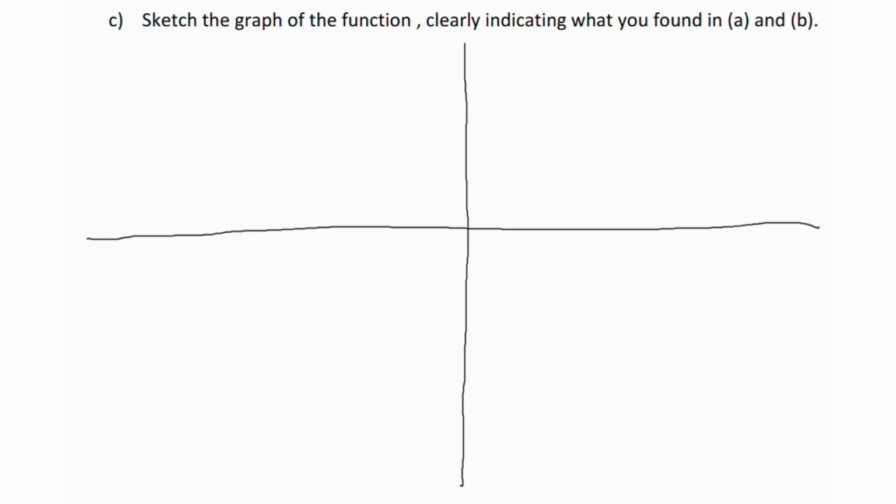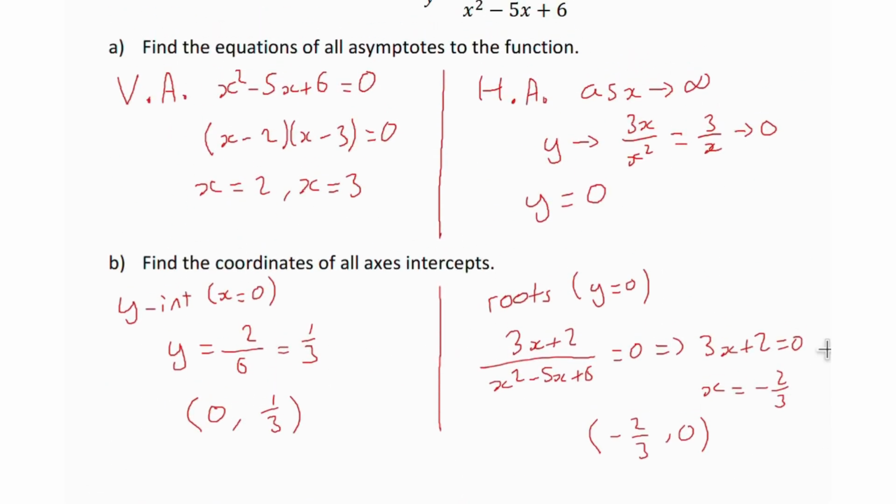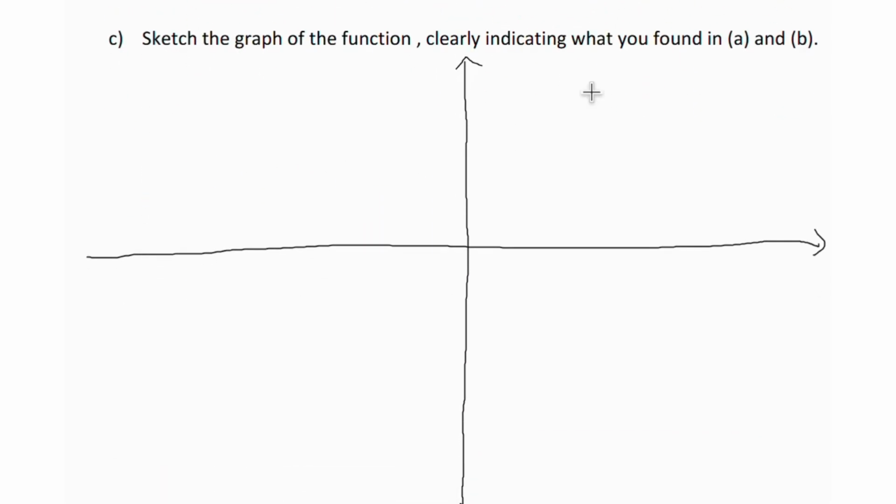Now with all that information, we are going to sketch what the graph of this function looks like. I'm going to start by drawing out a big set of axes for this graph. And then we're going to look at the asymptotes first. My vertical asymptotes were 2 and 3, so at x = 2 and at x = 3, I've got vertical asymptotes.